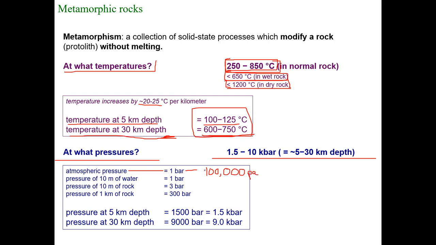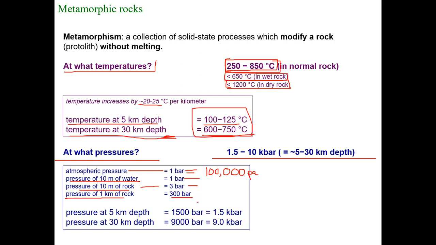The pressure under 10 meters of water is still only about 1 bar. It's not very much. But the pressure under 10 meters of rock is about 3 bars, 3 times atmospheric pressure. Under 1 kilometer of rock it's about 300 bar.